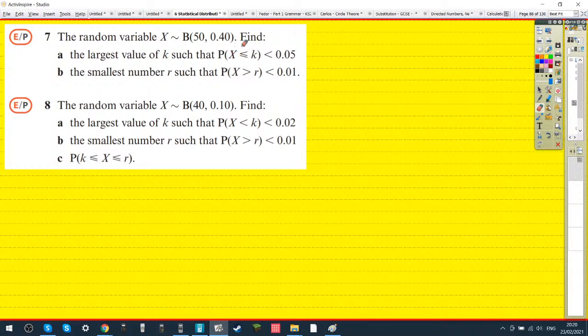You want X is less than some value. So some value or less. So would the lower be 50? Lower would be 0. Okay. And the upper, you guess the number in.